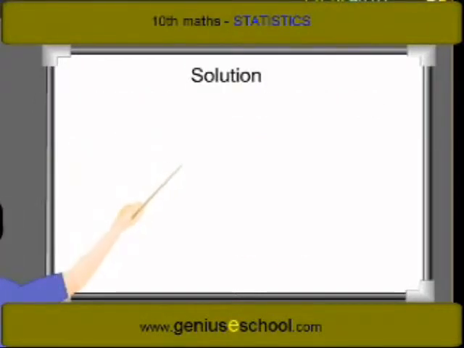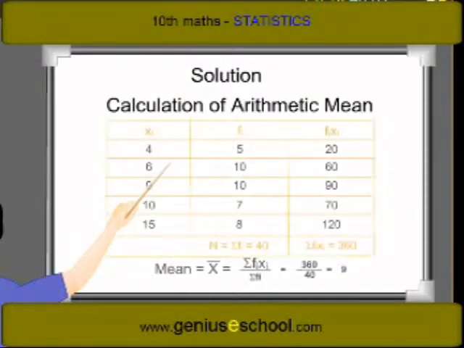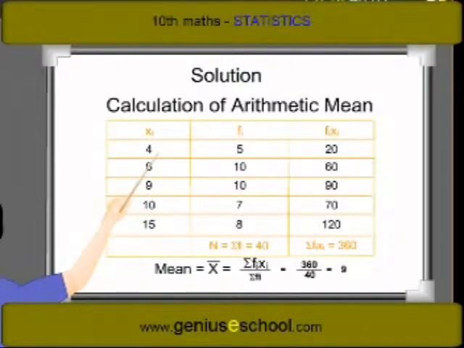The solution is: calculation of arithmetic mean. xi is 4, 6, 9, 10, 15. fi is 5, 10, 10, 7, 8, where n is equal to sigma fi is equal to 40. fi xi is 20, 60, 90, 70, 120, where sigma fi xi is equal to 360.